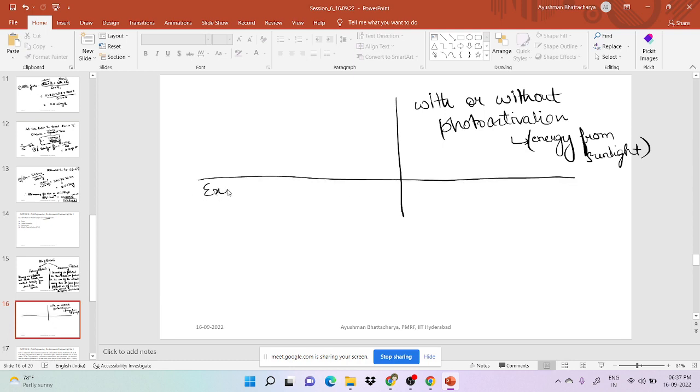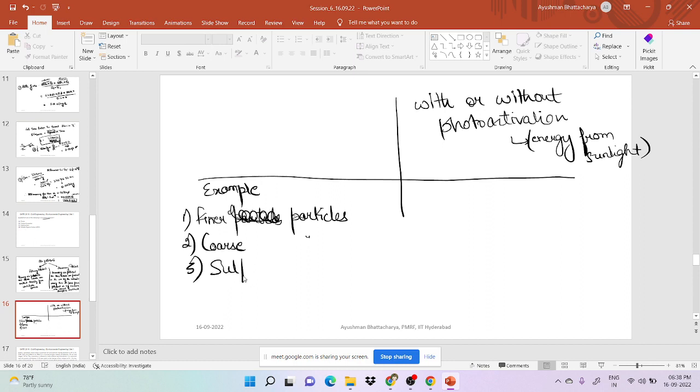So these are the examples of primary pollutants, which I will write now. First is finer particles. Second is coarse particles. Third is sulfur compounds. Fourth is oxides of nitrogen.